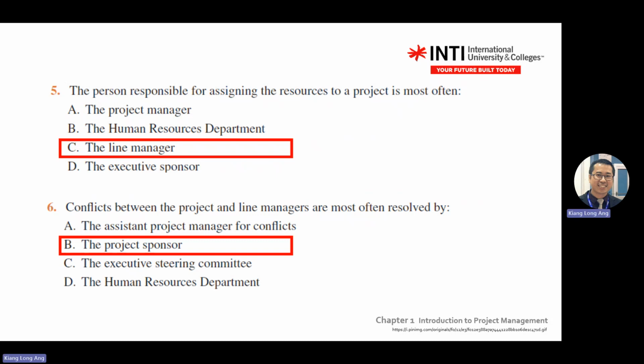So sponsor here can be external, but this one normally refers to the internal one, the company's top management. For project management, we use sponsor to differentiate the executive people.